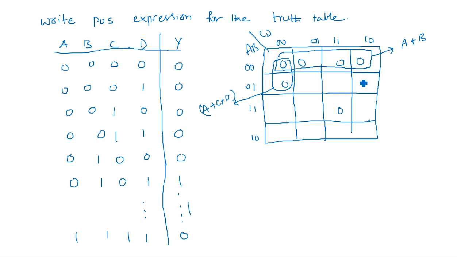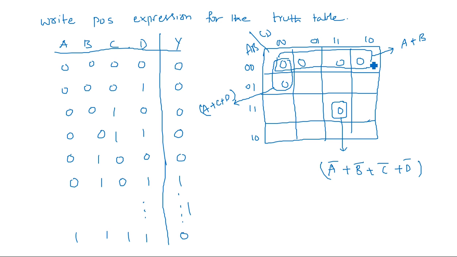This 0 is alone. We don't have any zeros nearby. That's why this 0 should be mapped like this. So on left hand side from AB we are having A1 B1. So it is A bar plus B bar, and here you are having C bar plus D bar.